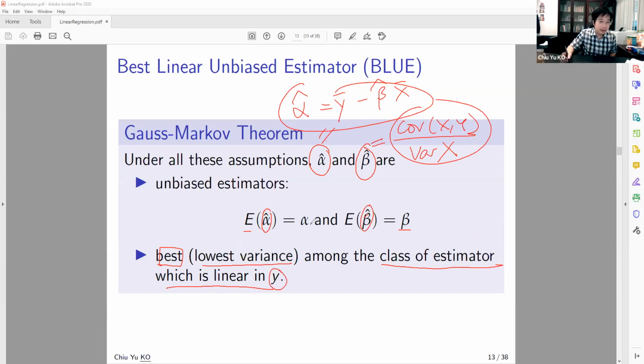But what it means is, just recall that beta hat can be written as this, with yi. Let me write the y out.